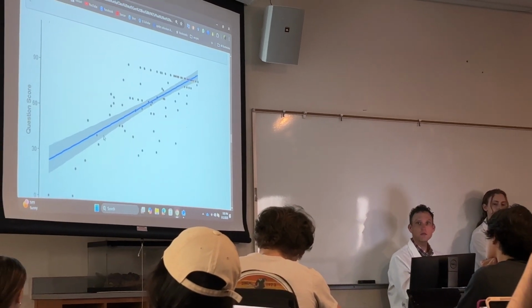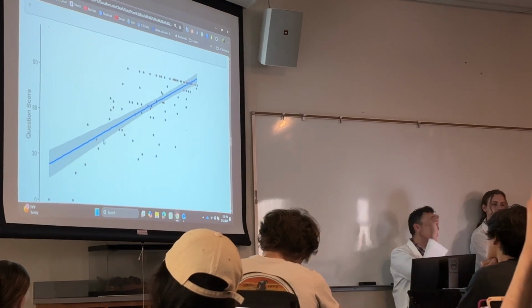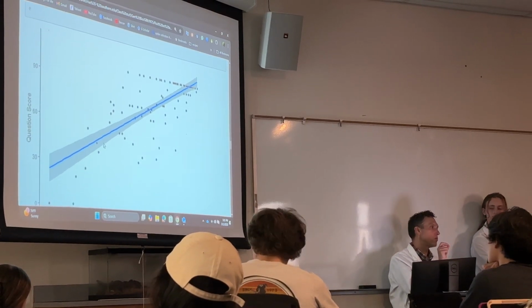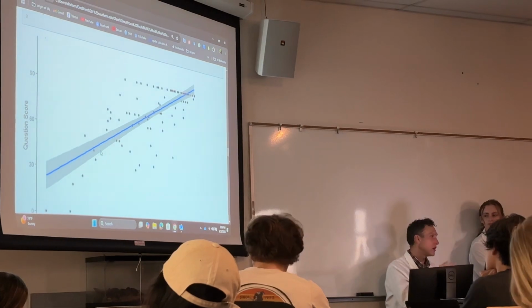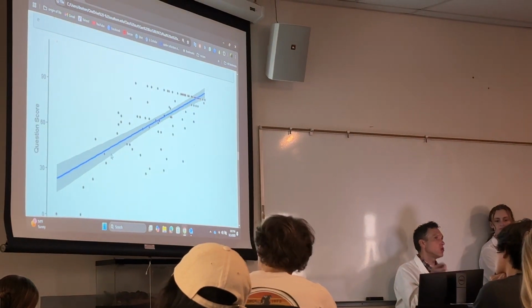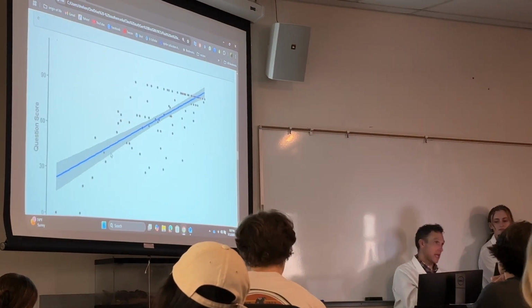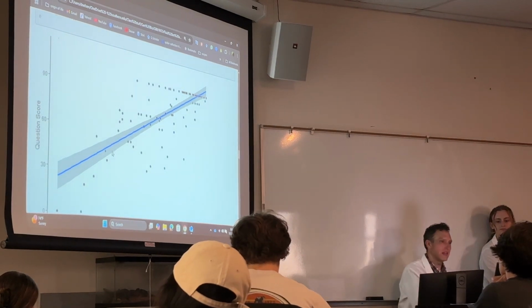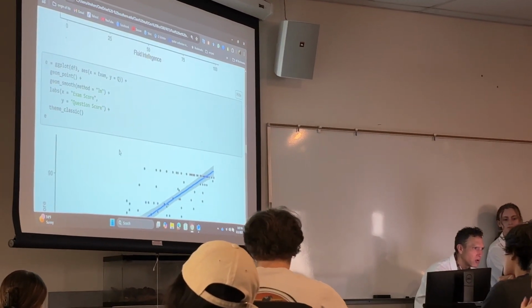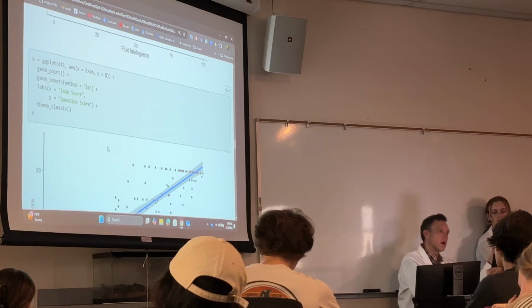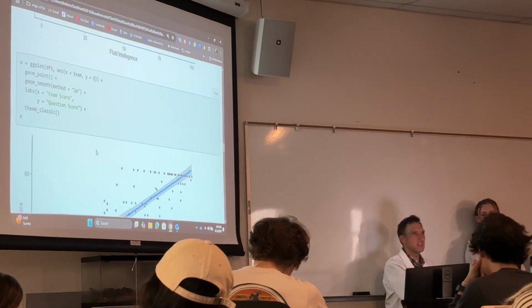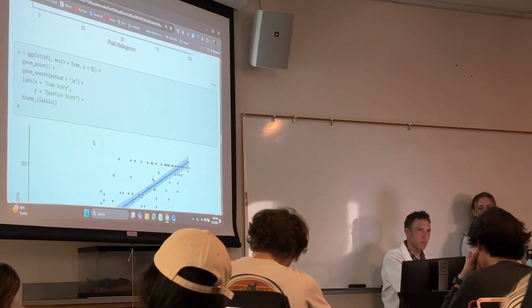That means for any value of question score, I would be able to positively predict exam score, or vice versa. In this case, I made my dependent variable question score and my predictor variable exam. It doesn't really matter. I can switch those and it would keep the same relationship.